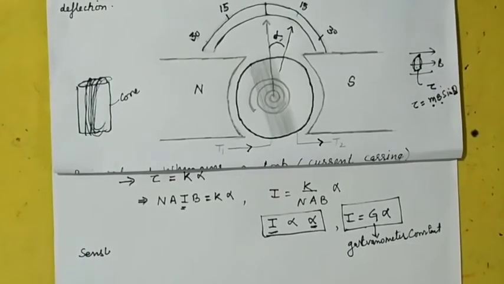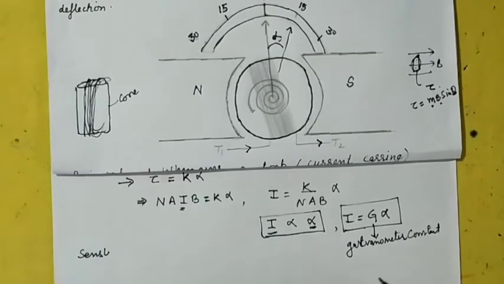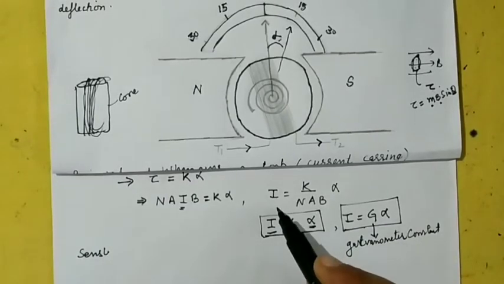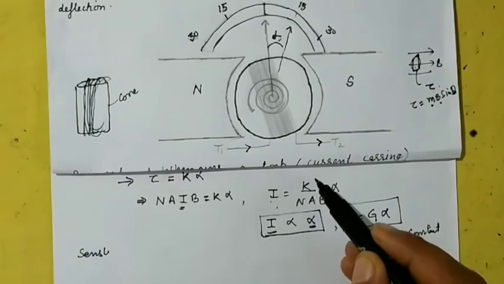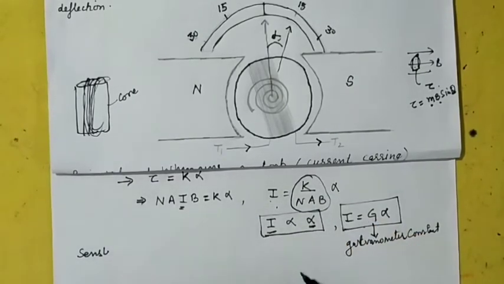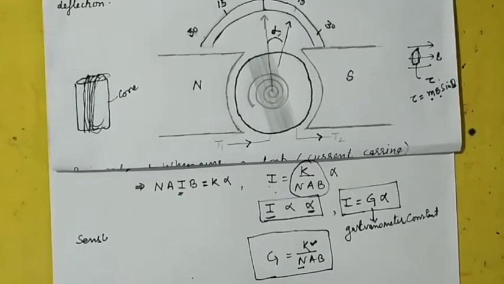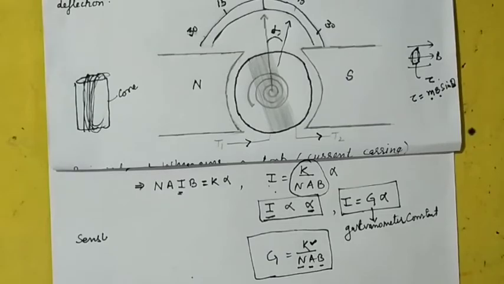So from this above relation, G will be equal to how much? G is equal to k divided by N A B. That is the spring constant, which is a property of the spring, the number of turns, the area of the loop and the magnetic field.